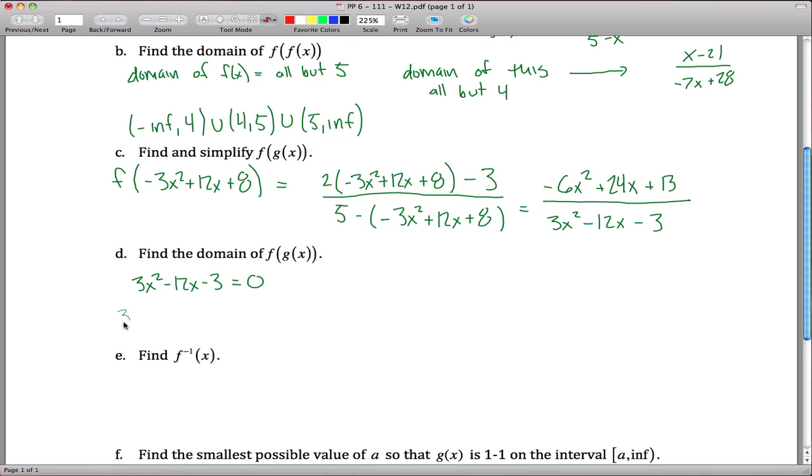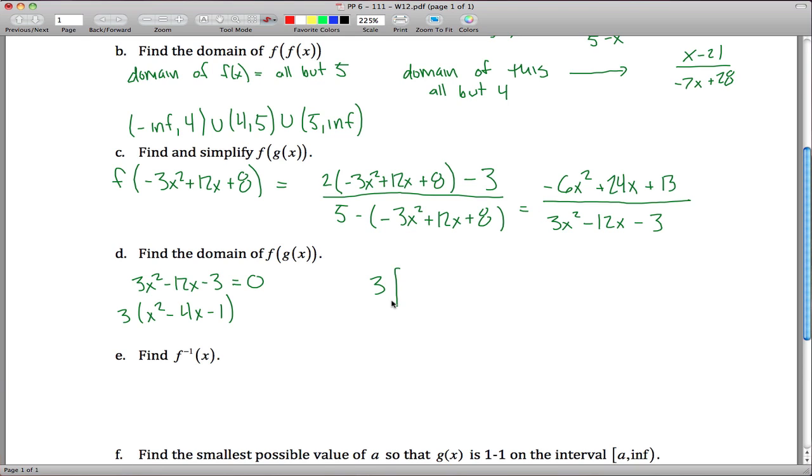All right, maybe I'll factor out a 3: 3x squared minus 4x minus 1. Let's see, hard to tell what the answer is. It doesn't really look like that factors. So maybe I'll complete the square on what's on the inside.